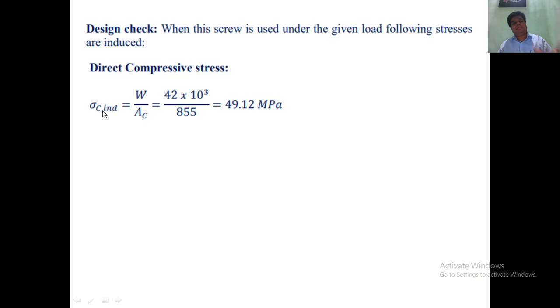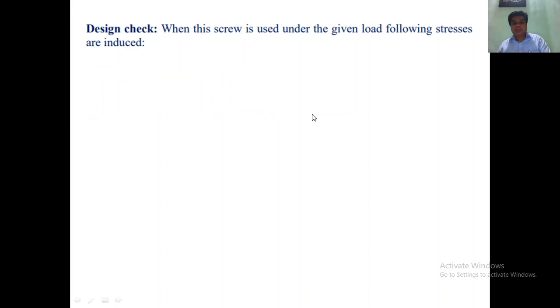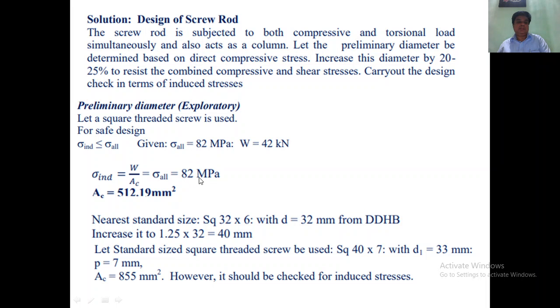So this is rechecking. First we equate the induced stress to the allowable strength, then calculate the area and diameter, and for safe design we increase the diameter or area by 25%, and again check the stresses. Obviously the induced stress will be less than the allowable stress. You can see here, induced stress is the load by area. If you check that, the induced compressive stress will be 49 megapascal, which is very much less than the allowable strength of that material.